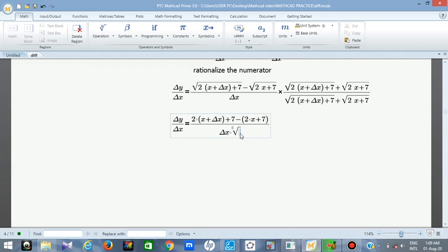And what is the root? The root is 2 open bracket x plus delta x plus 7, then you have plus another root again, 2x plus 7.